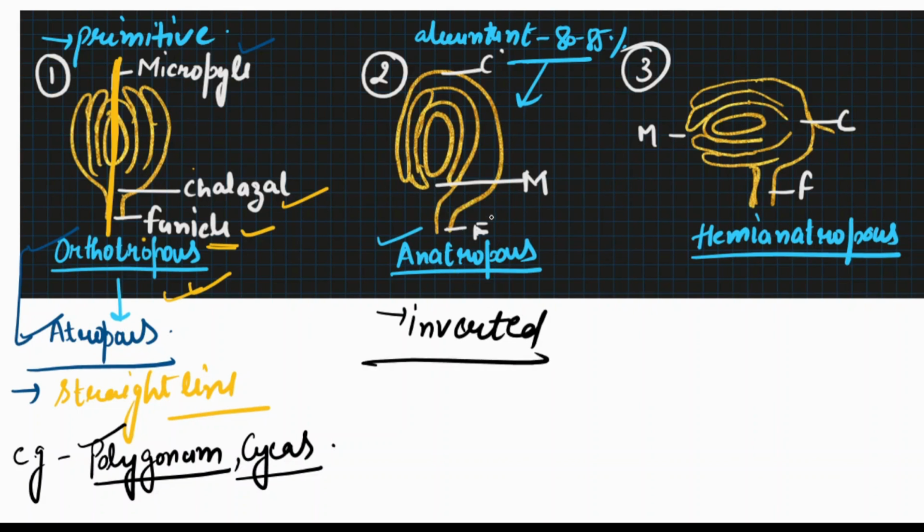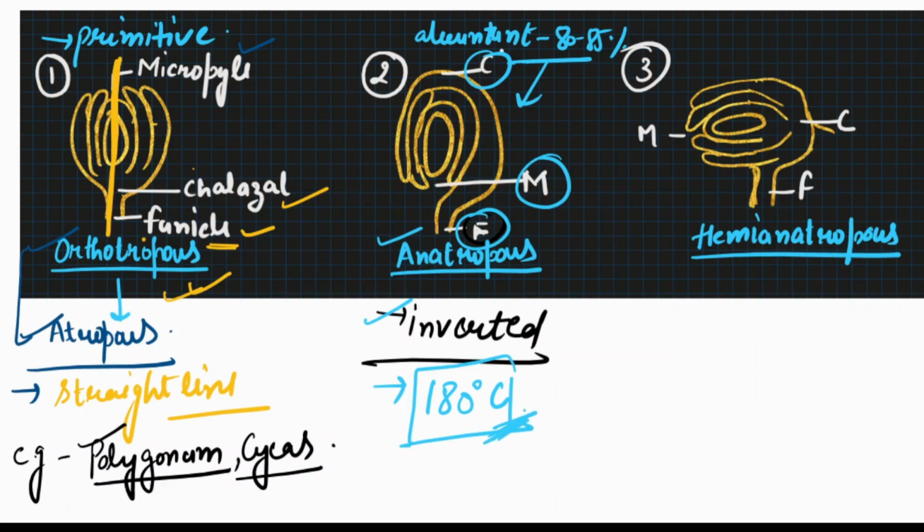Okay, so here you all can see that this is the micropyle part and this is the chalazal part, but the funicle part is in the basal side. Okay, so this is inverted in nature. The angle is 180 degree. It will invert its structure by making the 180 degree. I hope this is clear to you all.